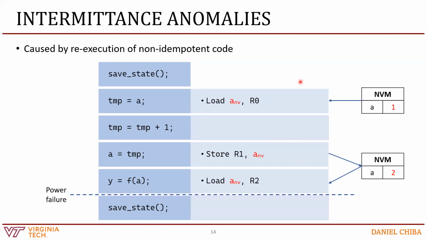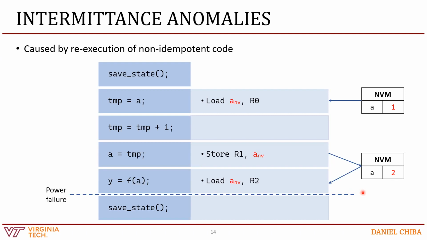So when A is loaded here, it reads a value of 1 and gets incremented, writes 2 to non-volatile memory, and y equal to f of A will read the value 2. Whereas in a normal continuous operation, it should have been 1. So this is obviously wrong, right?